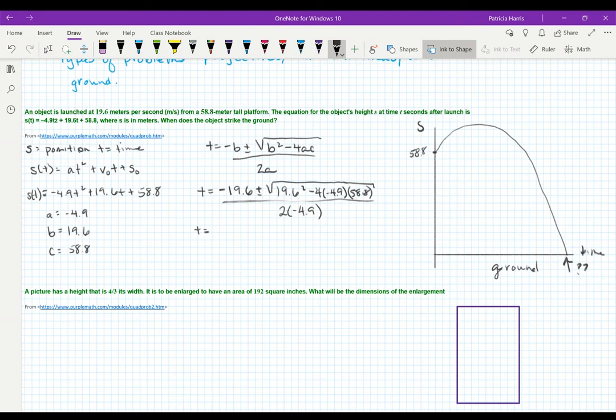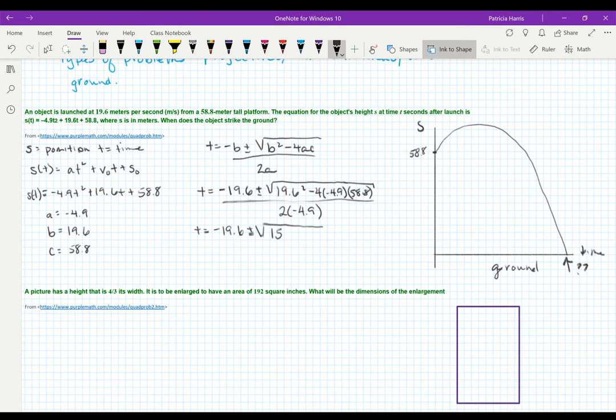Negative 19.6 plus or minus the square root of 19.6 squared minus 4 times negative 4.9 times 58.8.